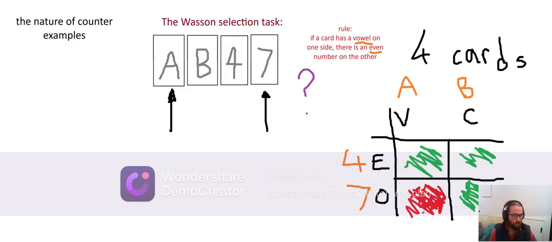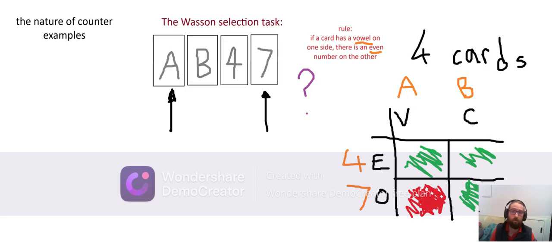So it follows that I have to only check cards that may pertain to this column, which is card A and card 7. That's why 4 and B are irrelevant to me. Now, interestingly, there are other ways that you can phrase this problem that make the question a lot more obvious.